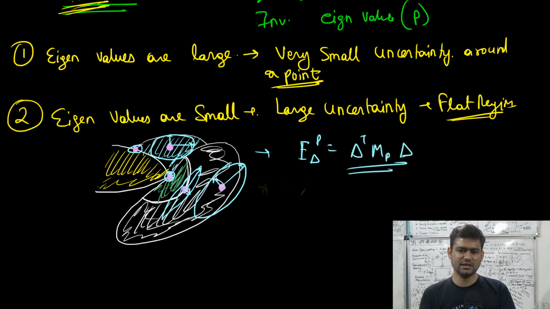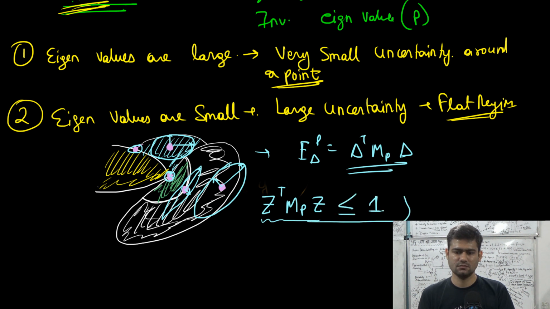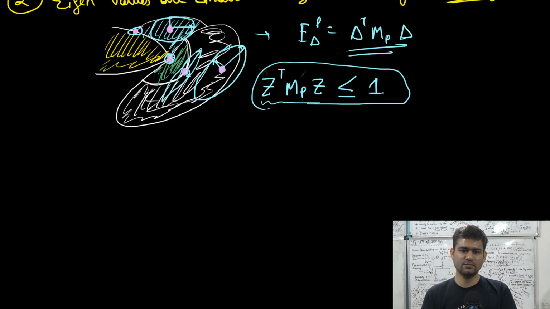So you can consider all vectors Z such that Z transpose MP Z satisfies this inequality.